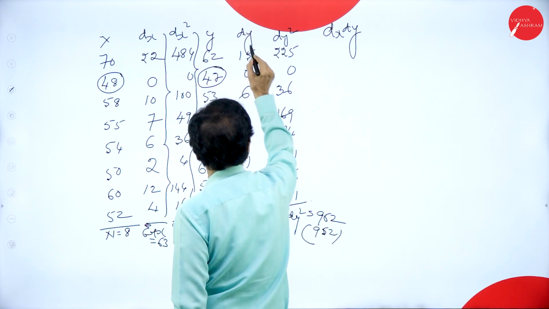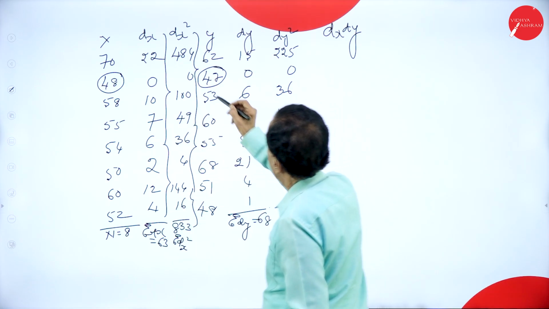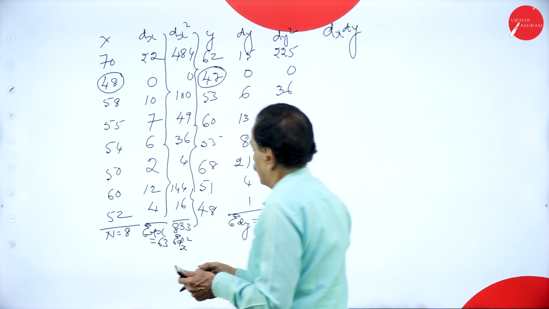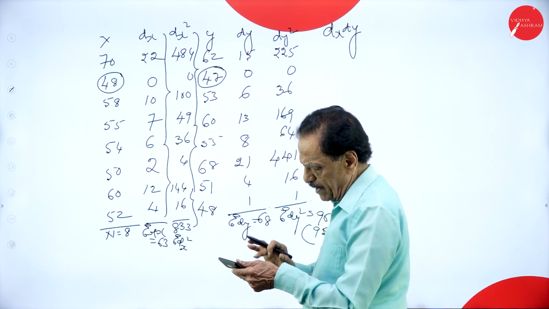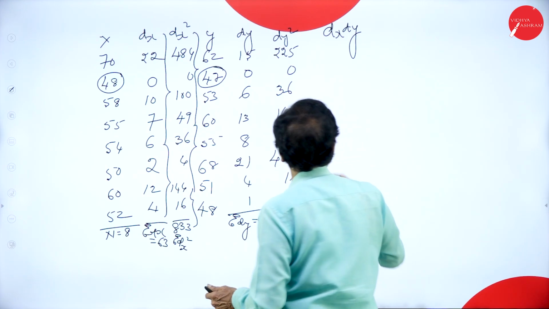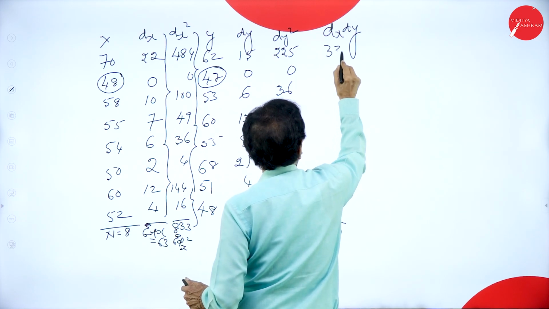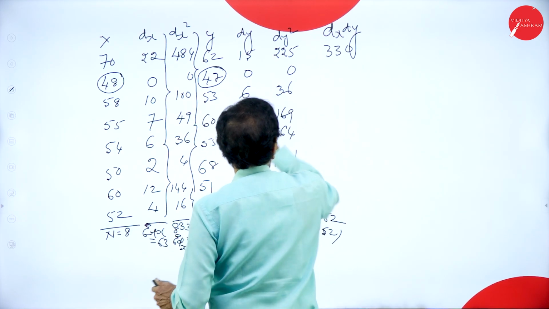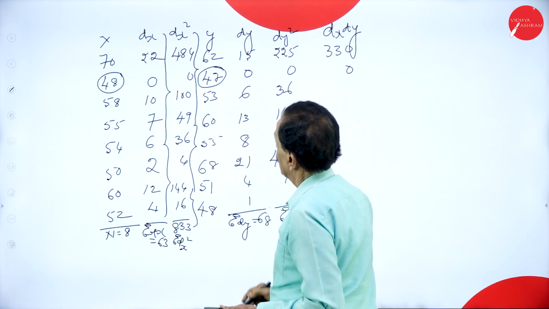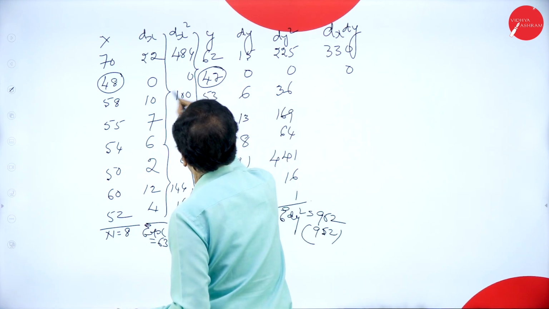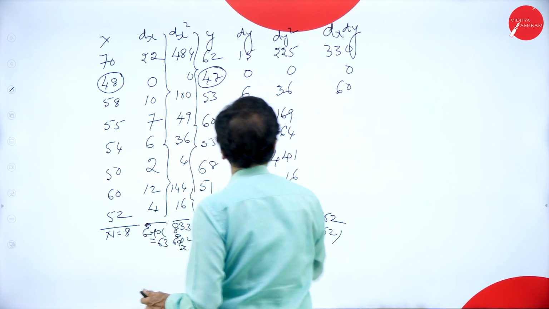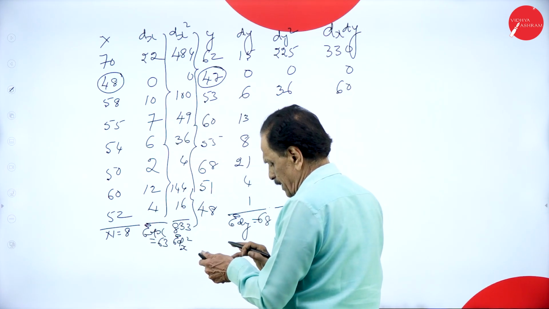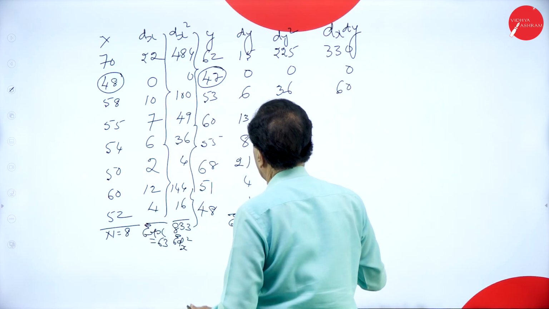Last step, dx dy: deviation of x times deviation of y. 22 into 15 is 330. 0 into 0 is 0. Then 10 into 6 is 60. 7 into 13 is 91.